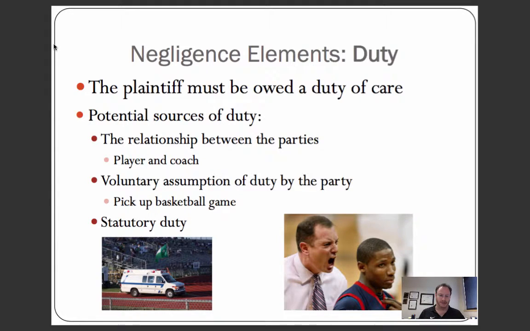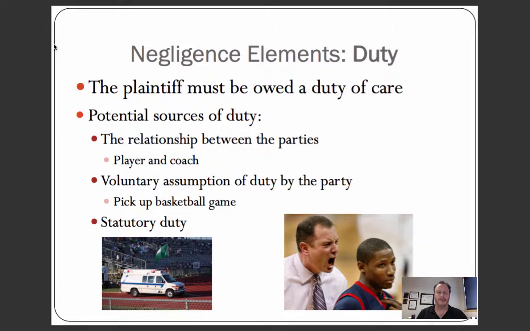In a statutory duty, if statutory sounds similar to statute, well, you would be right, because in statutory duties, the duty of care is established by some sort of law that's passed by the legislature, and then people who are affected by that law, who fall into that law, must abide by that standard of care.